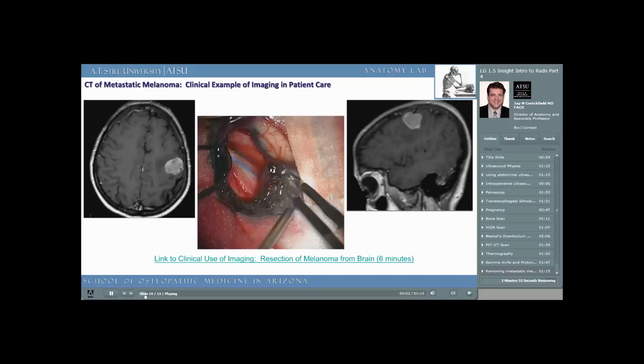Now let's look at an actual clinical use of radiological imaging in a patient who has a metastatic skin cancer to the brain, in this case, malignant melanoma of the skin that has spread to the brain. Here we see two MRI images showing the metastatic melanoma, which is seen as the large, bright white spot about the size of a walnut on these MRI images.